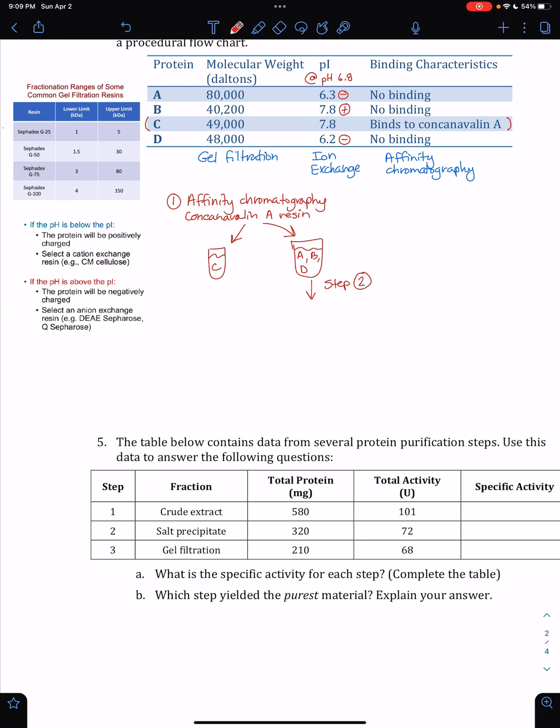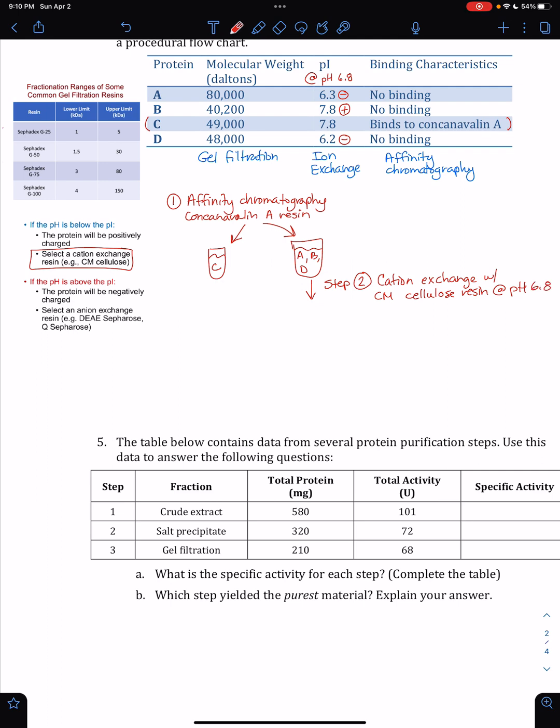So if I do cation exchange, it will bind the positively charged B. So that's what I'm going to do. If I select a cation exchange resin, I'm going to do cation exchange with CM cellulose resin at pH, we'll do 6.8, sorry, that was what we said there.